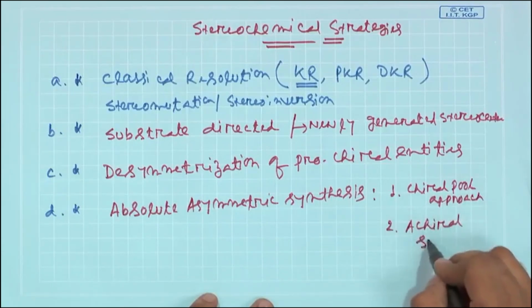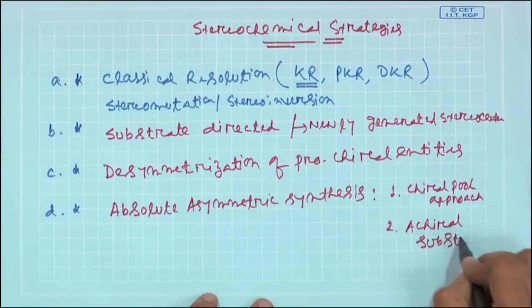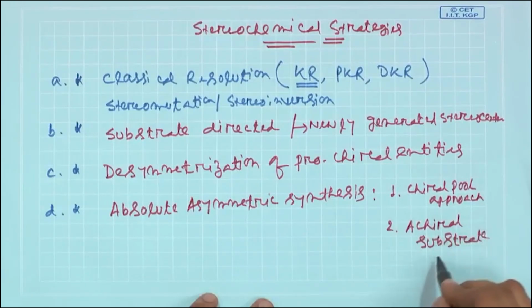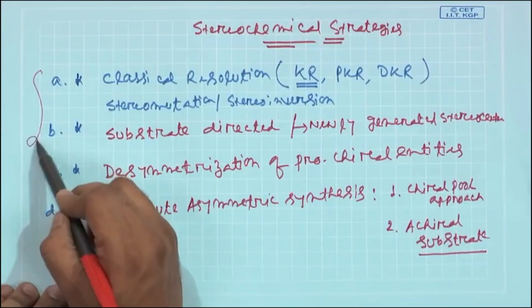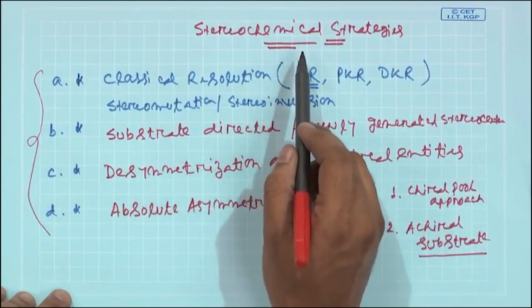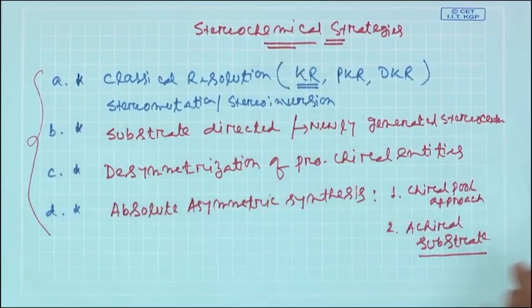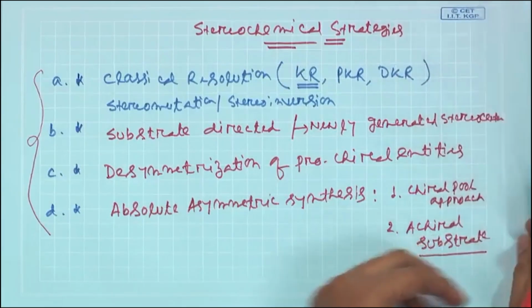This is the most challenging. Your substrate is achiral, and you react it with a chiral reagent or a chiral catalyst to bring a new stereocenter, or to bring asymmetry into a given molecule. So our main focus on the stereochemical strategies will be centered on these four topics. We will first start with the classical resolution technique.